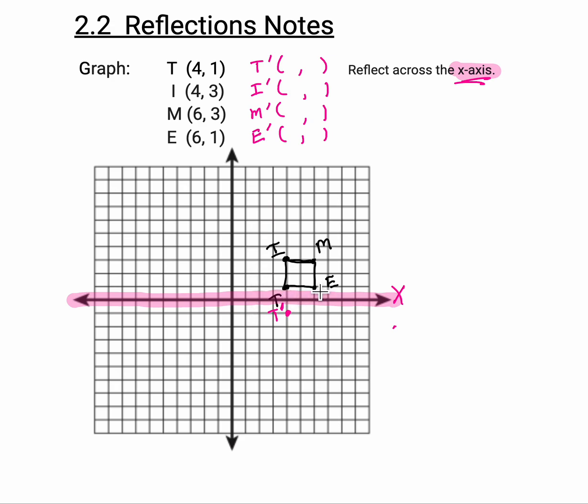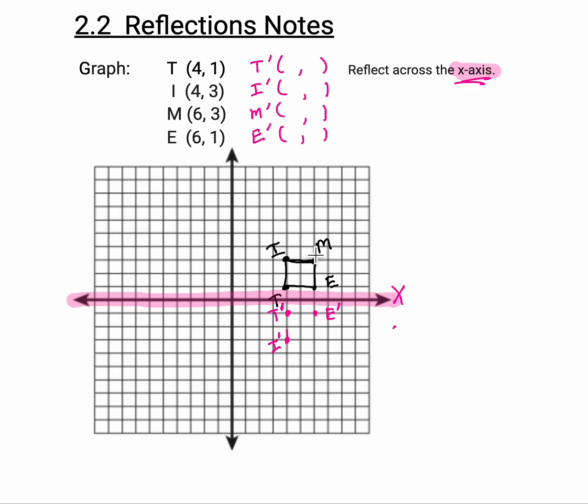Now, E, well, I'm going to go around to I. I is how far away? It is 3 units away. So if we fold that graph up, it's going to be 3 units away on the other side, and that's going to be the I prime. E is 1 unit, so that's going to be here, 1 unit down because it's away from that fold.